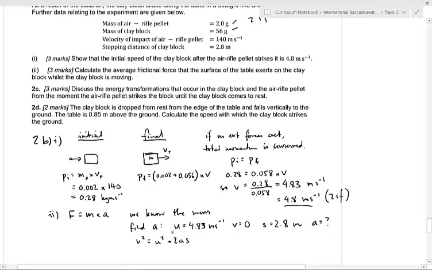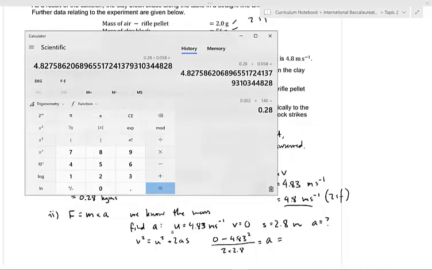And we know that v is 0, so we then get a equals 0 minus 4.83 squared divided by 2s, so 2 times 2.8.